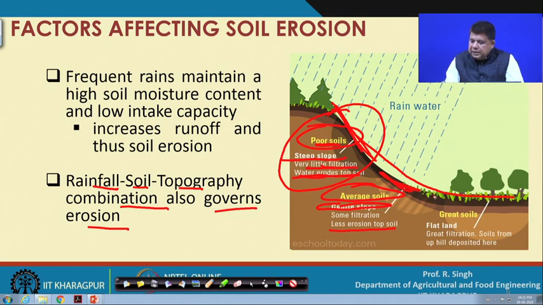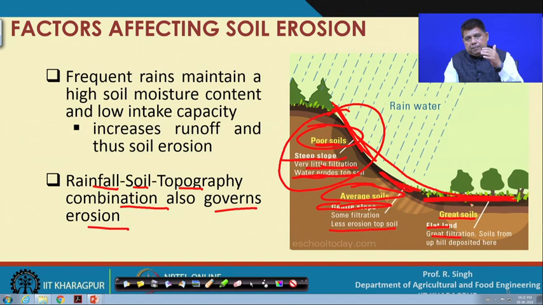But if we reach the bottom of the slope, that is this portion, where we can see that a lot of plantation and grasses are also there, then at that place the soil is expected to be of good quality and the land is flat in nature, which simply means that the infiltration capacity of the soil will be more.